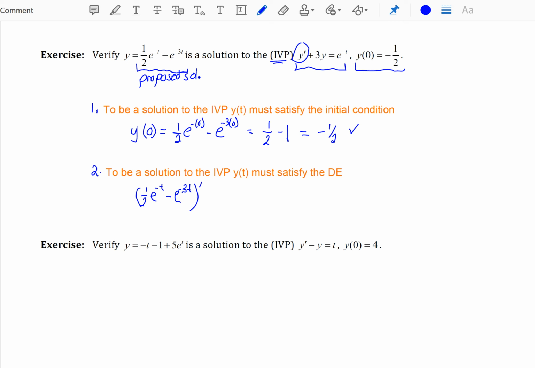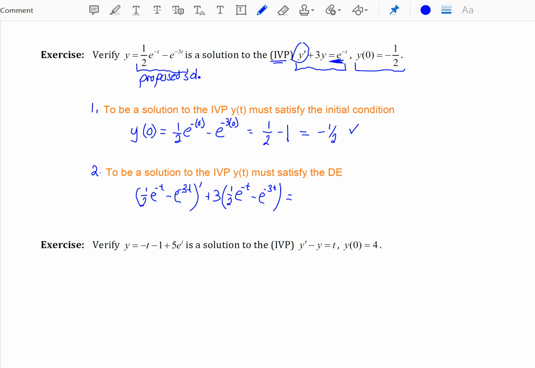We'll take that derivative and add it to 3 times the original function, so 1/2 e to the negative t minus e to the negative 3t. And we're going to verify that this ends up equaling e to the negative t when we're done.